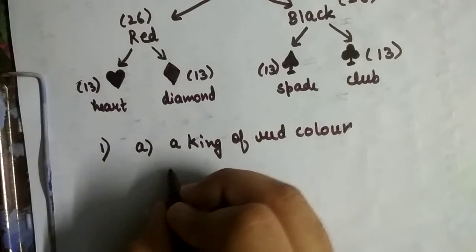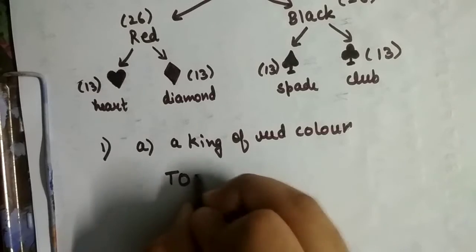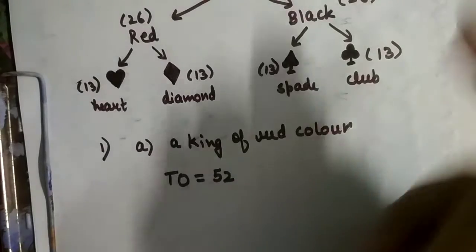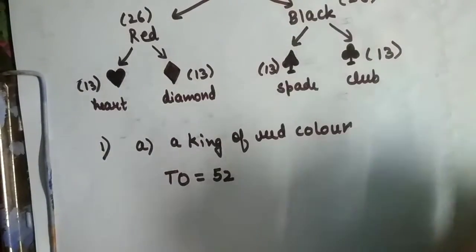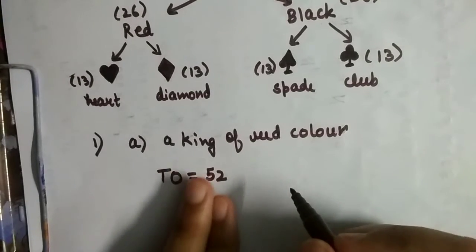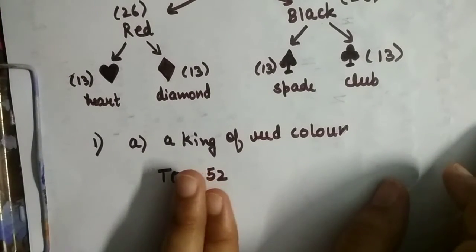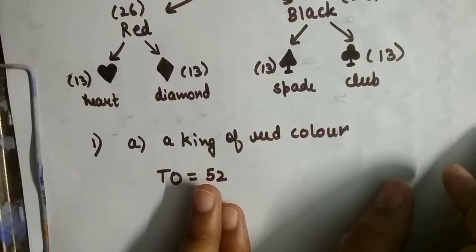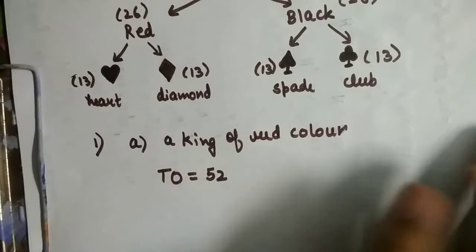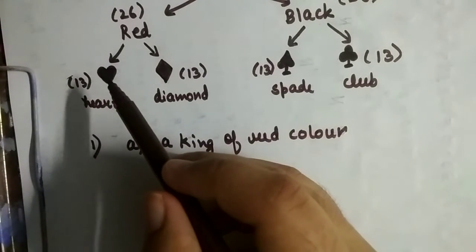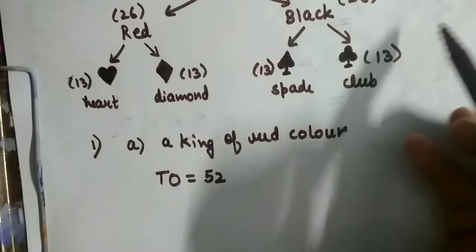First of all, our total outcome will be 52 because there are total 52 cards. And in a deck of 52 cards, how many kings of red color are there? We know that one king would be present in each suit.